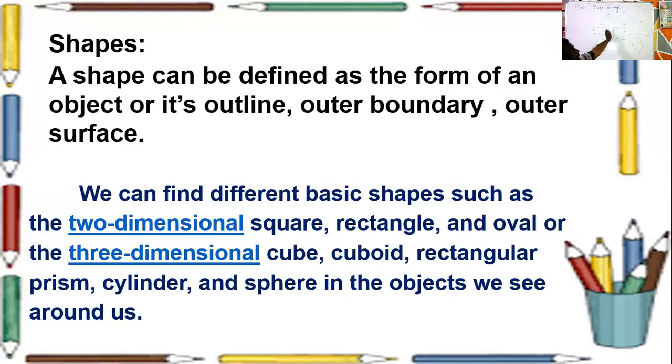Two-dimensional means square, rectangle. Three-dimensional means cube, cuboid, cylinder, sphere, prism, which occupy some space, which will have some volume. They are called three-dimensional objects.